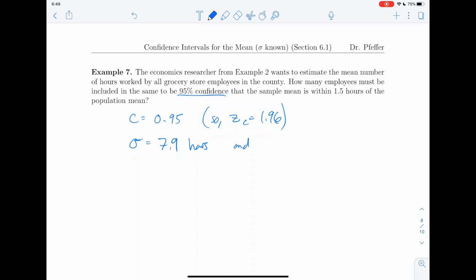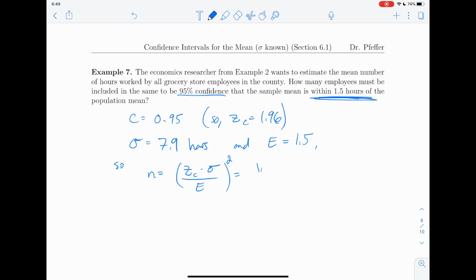And what is new here is that this information is telling me that E needs to be 1.5. So the formula for the sample size we need is n is equal to the critical value z sub c times sigma all over E, then squared.